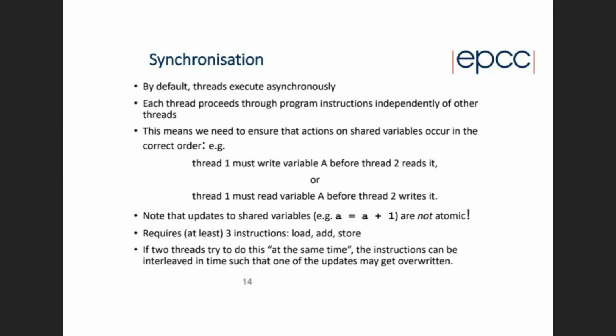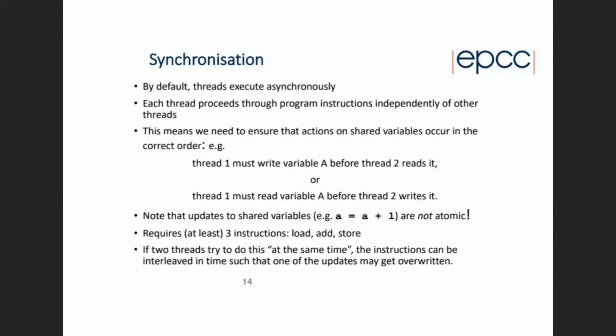The other important thing to recognize is that if we have something in our program that makes an update or modification to a shared variable, so for example, if we have a shared variable A and we add 1 to it, then by default those actions are not indivisible atomic actions.